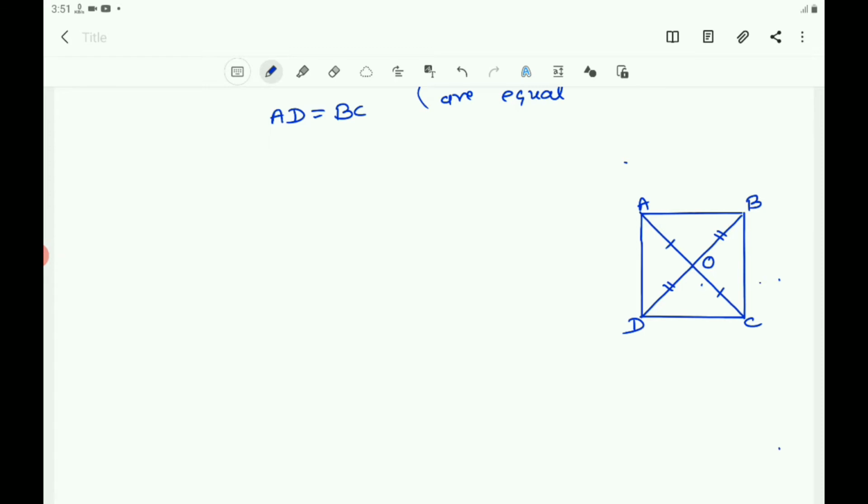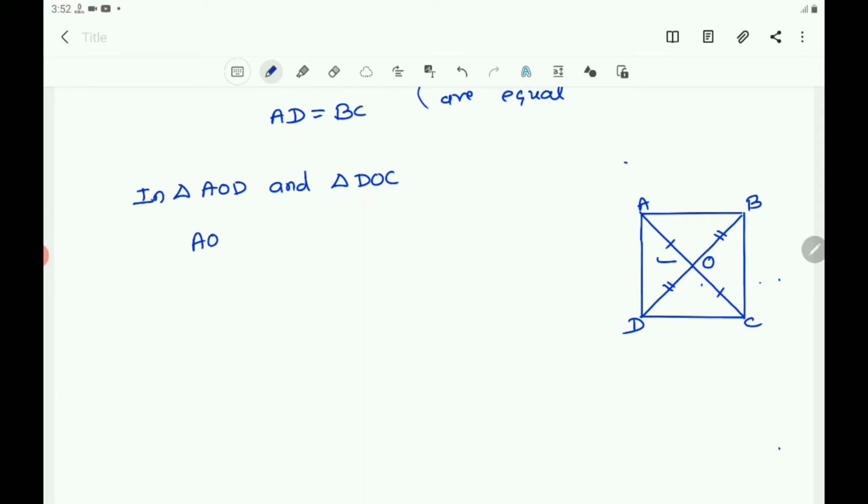So let us take triangle AOD and triangle DOC. In triangle AOD and triangle DOC, it is given that AO equals OC because diagonals bisect each other.